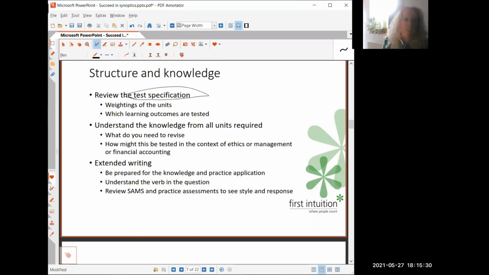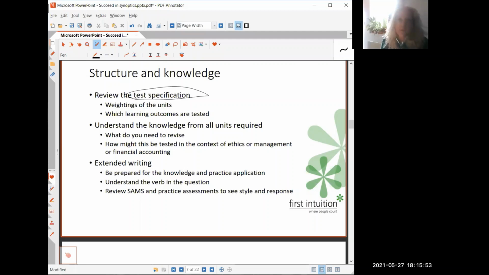So if you log into your My AAT and you go to the unit resources for the Synoptic, so whether that's advanced or professional, or even the foundation, within there's a document which has got the detail on all of the units at that level.